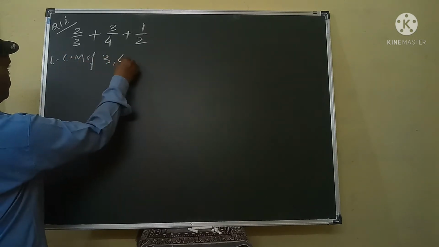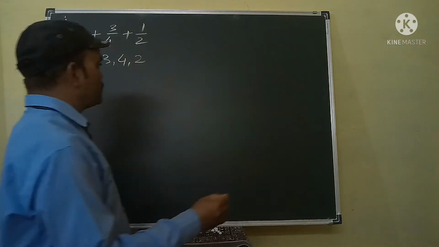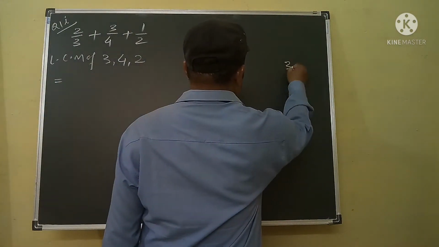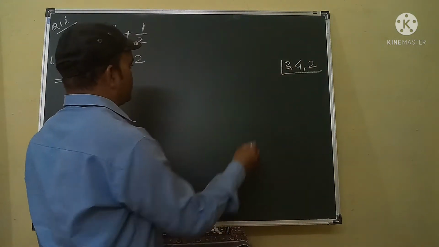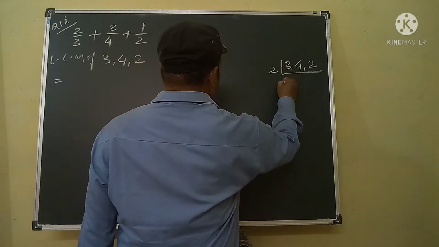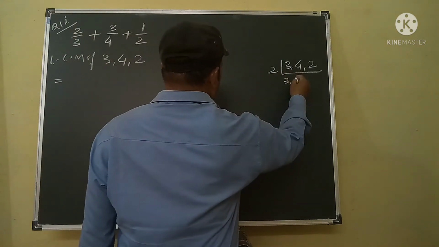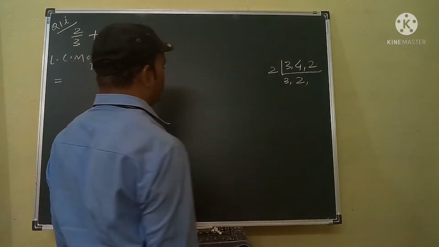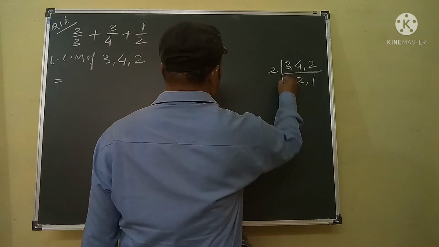LCM of 3, 4 and 2 will be, now look here. First I will take here 2. 3 is not divided by 2, so as it is. 4 divided by 2 will give you 2, and 2 divided by 2 is equal to 1.